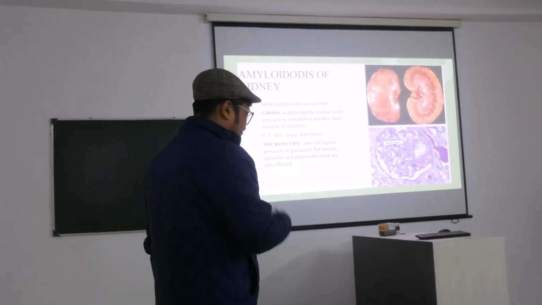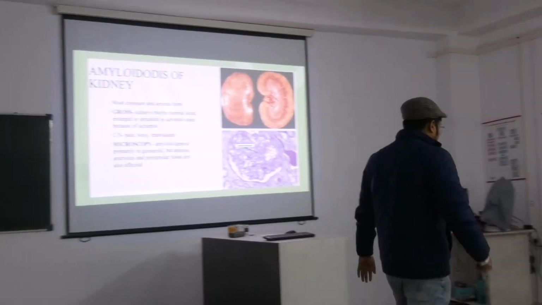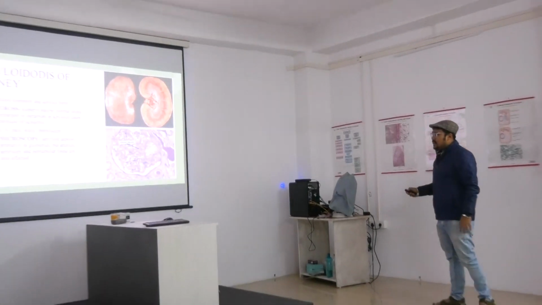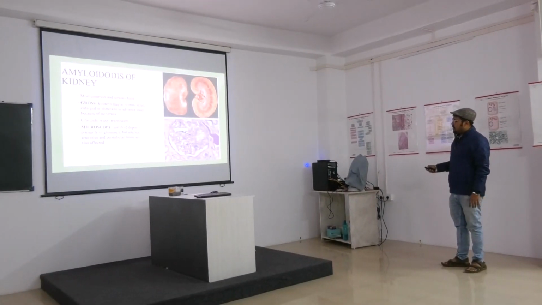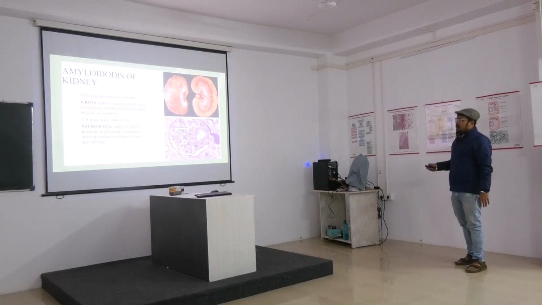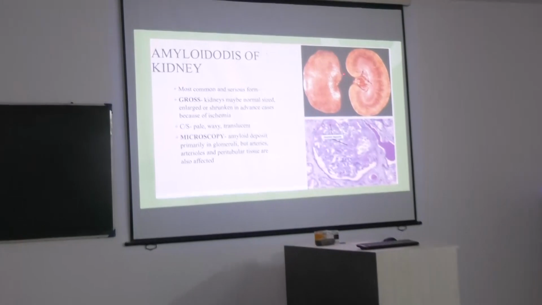Okay, so now coming to the first organ. Okay, this is the viscera you are familiar with. This is kidney, bean shaped kidney, right or left, that I don't know, but this is a bean shaped kidney. This is not a normal kidney. This is a kidney affected in amyloidosis.